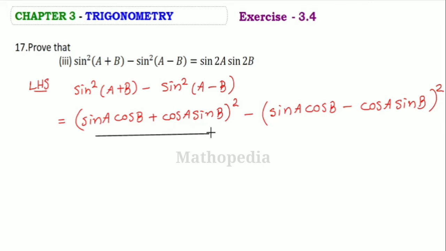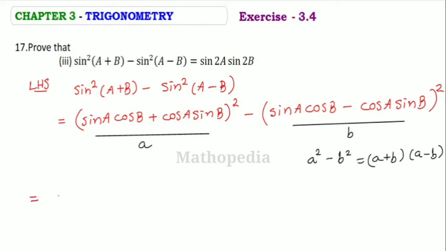Now take this whole term as A and this term as B. So this is of the form A² − B², which is equal to (A+B)(A−B).